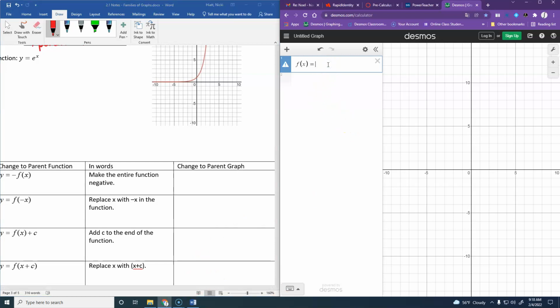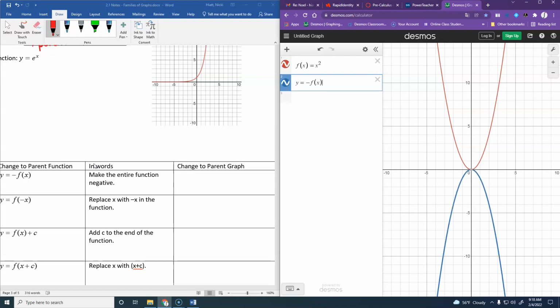Let's just start with what I think is one of the easiest ones to see, x squared. So if I tell this that f of x equals x squared, the first change to the parent function we're going to talk about is just putting a negative out front. Who remembers what that's going to do to the graph? So I do negative f of x. Just going to flip it upside down, right?